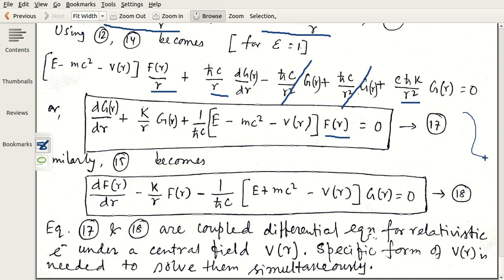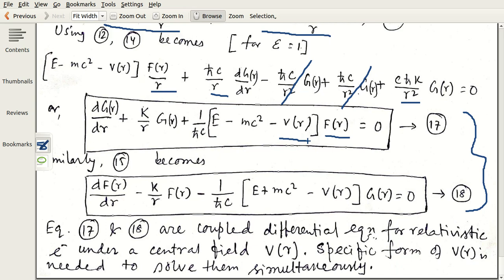So equations 17 and 18 are first-order differential equations, but they are coupled differential equations. Both equations involve the F and G functions, and they are to be solved using the exact form of the central potential V(r), because if we do not know the form of V(r), we cannot proceed further.